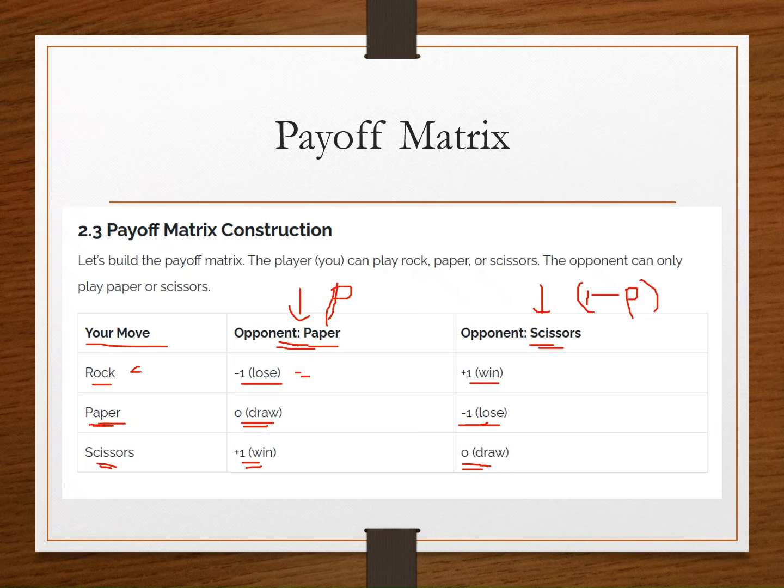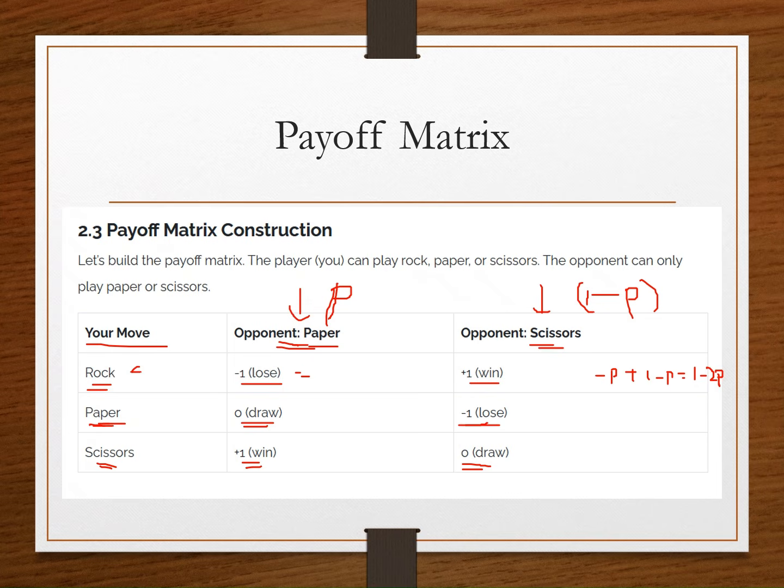So let's see how we can do that. For the case of rock, this would become -1 times P, so minus P, plus 1 times 1 minus P. So this becomes 1 minus 2P.